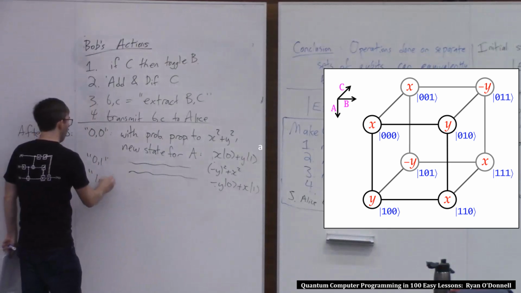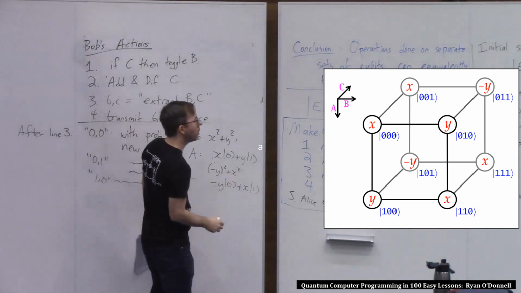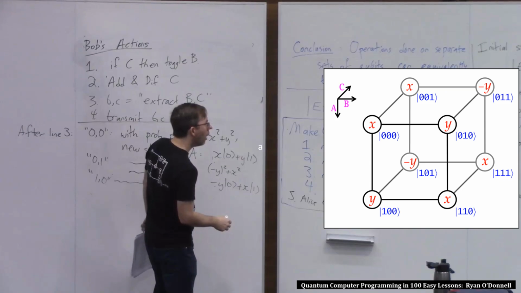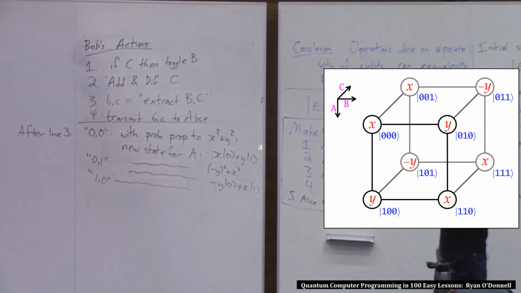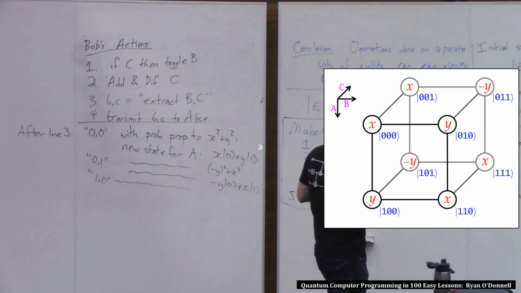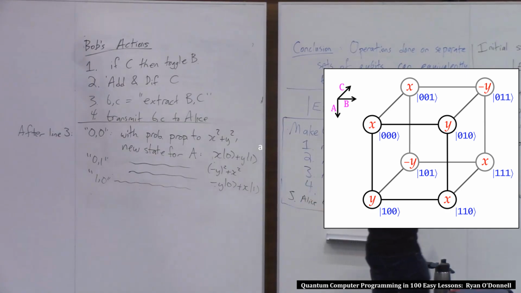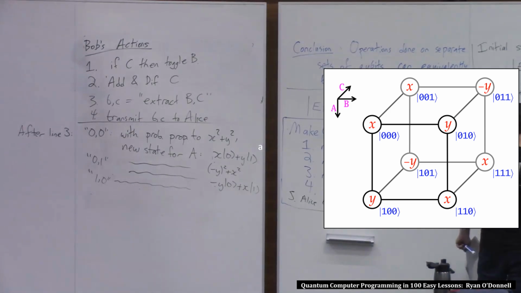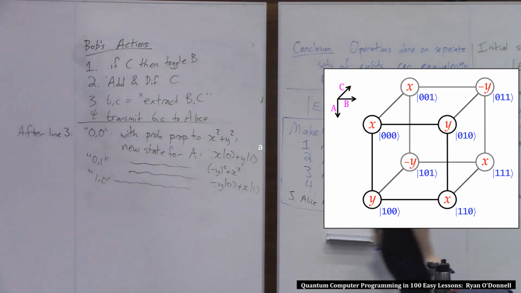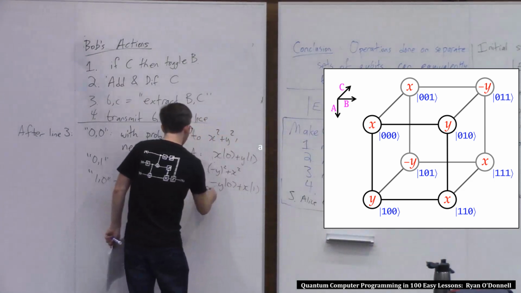For 1, 0, it's probability proportional to... I think I've written this wrong. Wait, where's 1, 0? Oh yeah, the second one, the coordinates are 1, 0. Oh, it's this one. Yeah, can't read. Y squared plus x squared.